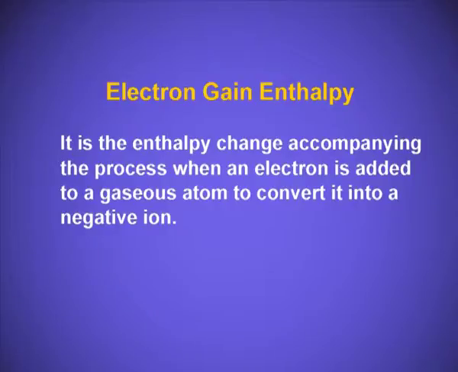Let me define. It is the enthalpy change accompanying the process when an electron is added to a gaseous atom to convert it into a negative ion. A negative ion is an anion.